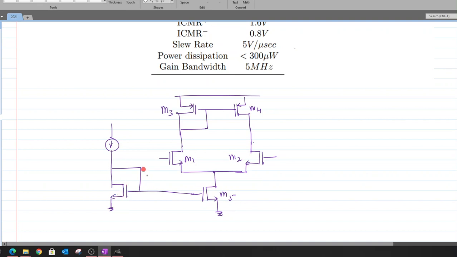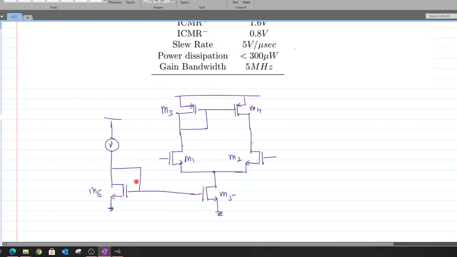The diode connected transistor I'm going to label as M6, and if the W/L aspect of both M5 and M6 are the same, then the current that flows through M5 is identical to the current that is driven through this diode connected structure.